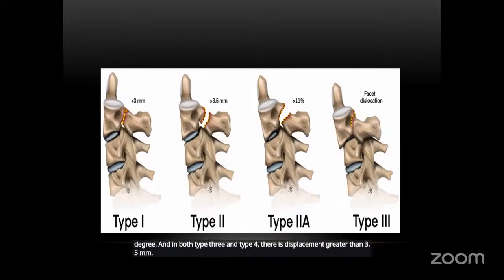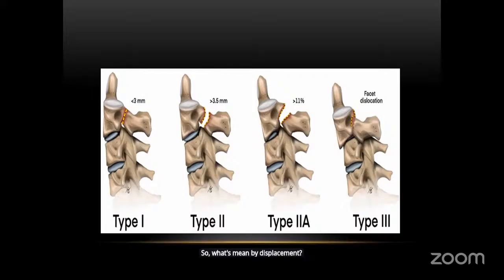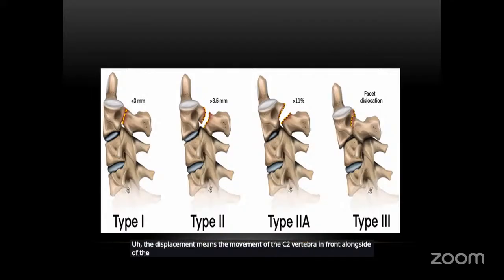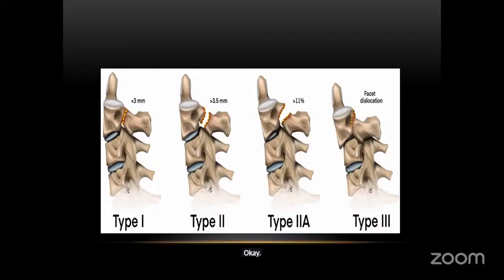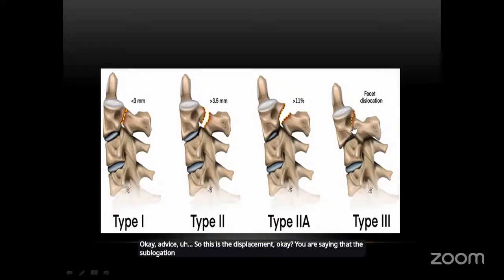So what does displacement mean? The displacement means the movement of the C2 vertebra in front of the C3 cervical vertebra. So this is the displacement. Okay. You are saying that the subluxation is the displacement.